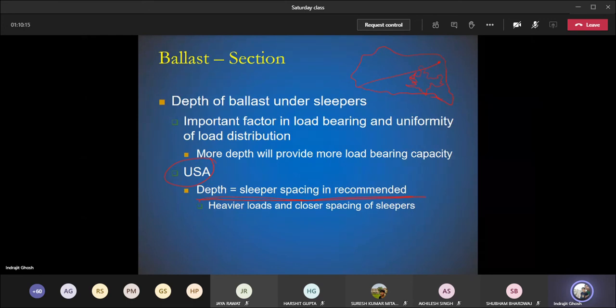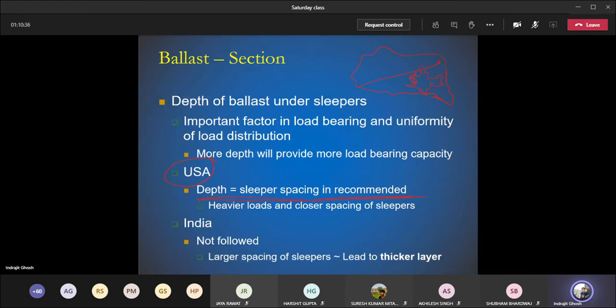It means that sleeper spacing is comparatively smaller. So when you have a smaller sleeper spacing, the depth of the ballast is going to be equal to the sleeper spacing. But in case of India, as we do not rely upon train transportation for freight, we have larger sleeper spacing.